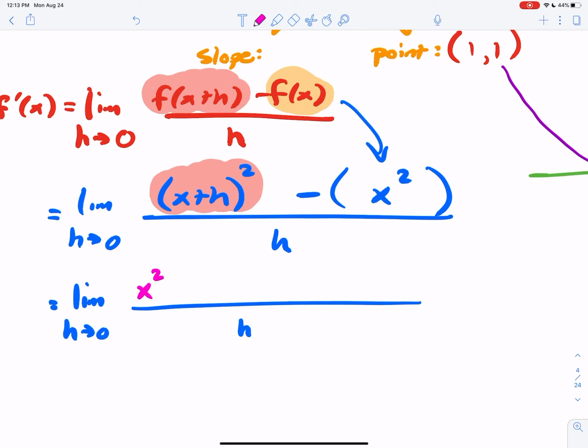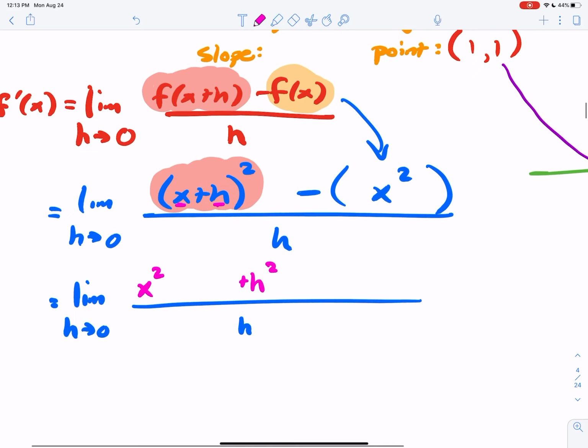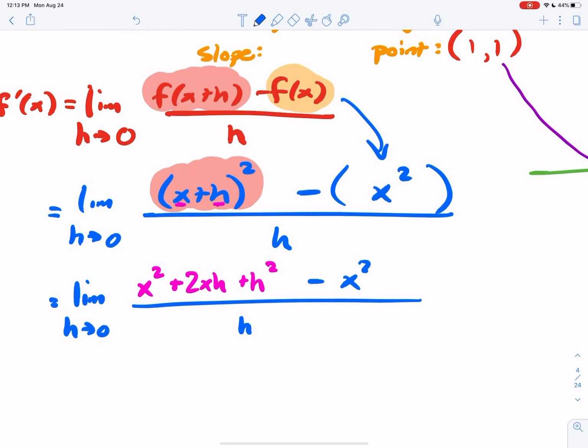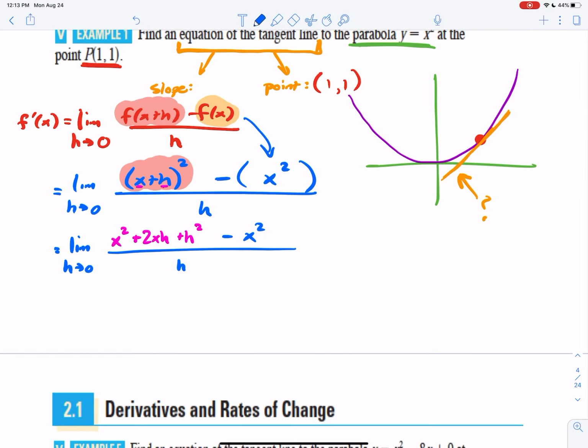You square the last term, so that's h squared. And then you multiply the two terms together, and then you double it. So x times h is xh, and if you double it, it's times 2. So in the middle is going to be 2xh. All right? Everything else I'm just going to bring down. Minus x squared all over h. All right?